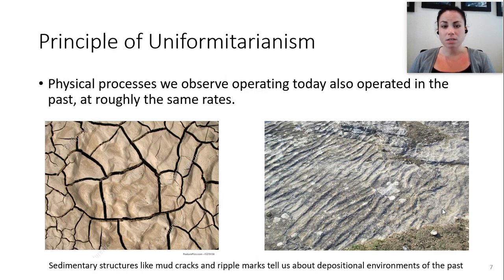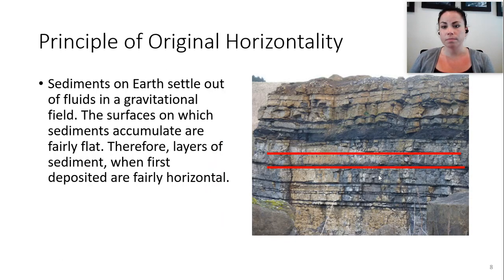This is the idea that physical processes we observe operating today also operated in the past at roughly the same rates. So like I said, if we see sedimentary structures like mud cracks or ripple marks, those tell us roughly what the depositional environment of the past was, based on what we observe today. And that would be the principle of uniformitarianism.